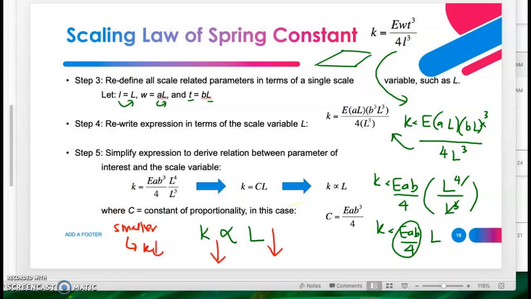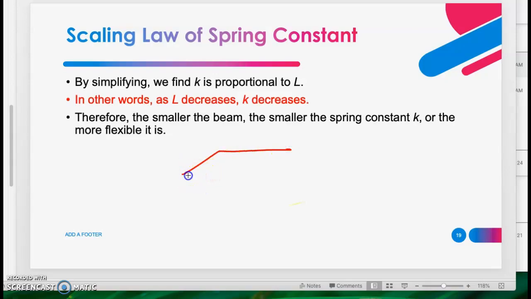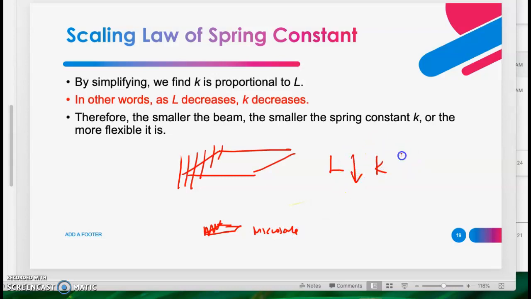So how can we relate this? This is your fixed part, right? So as you go smaller, let's say this is a micro scale and you have a smaller cantilever beam here. As the length decreases, your spring constant also will decrease. So what does that mean? It becomes more flexible to bend. The bigger size, the macro scale of the device, is difficult to make flexible.